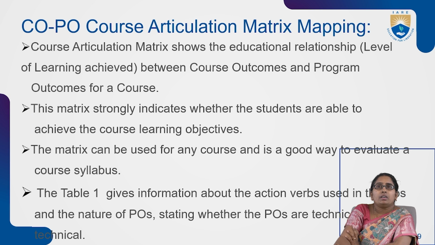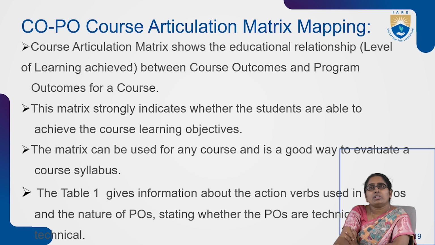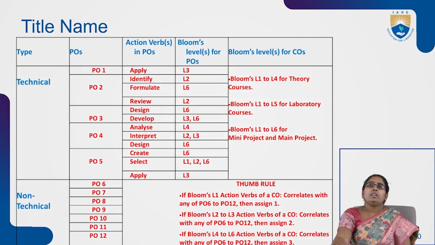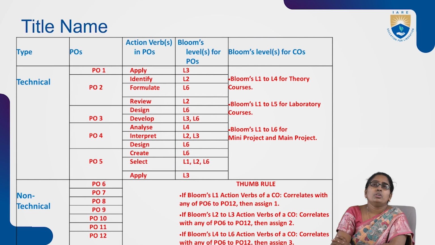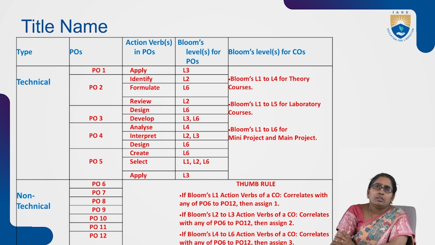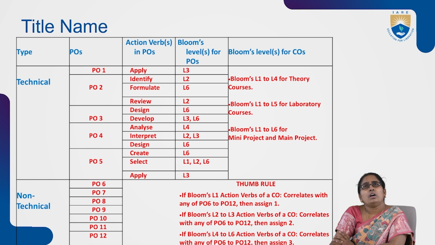And the table below next gives the information on how the action verbs are used in the POs. Okay, so see here. Here we can see there is a type, technical and non-technical, and POs from 1 to 12, action verbs in POs, and Bloom's levels for POs also mentioned.